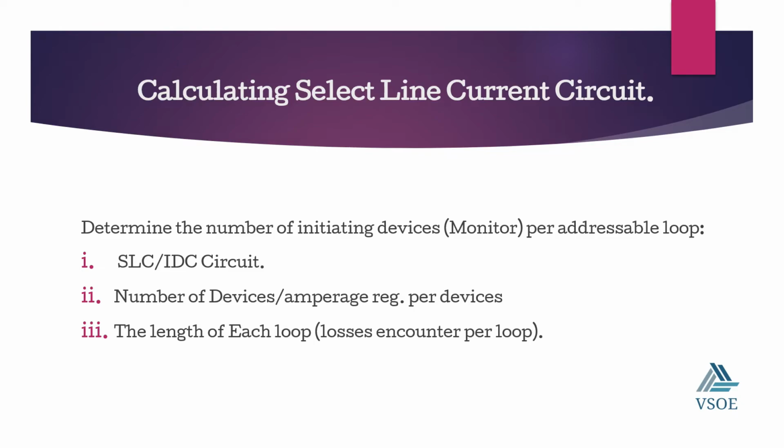All right. And then now we have other stuff we may consider like losses incurred by each loop. And that would factor in how many initiating devices can be placed on a circuit.